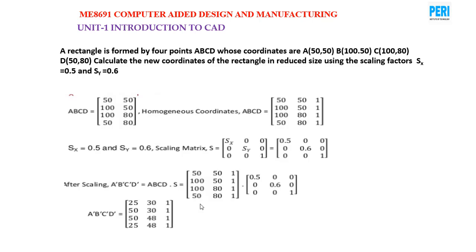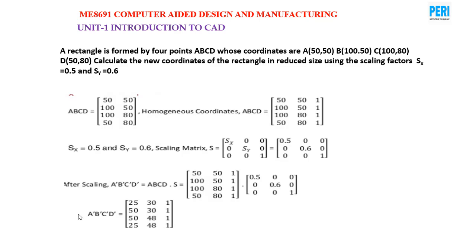As per the rule of matrix multiplication, this one is 4 into 3, that is 4 rows 3 columns, and this one is 3 rows 3 columns. What will be the resultant? The resultant will be 4 rows 3 columns.